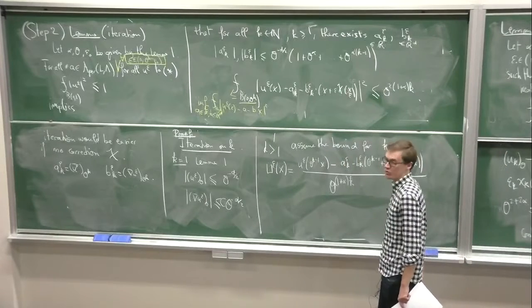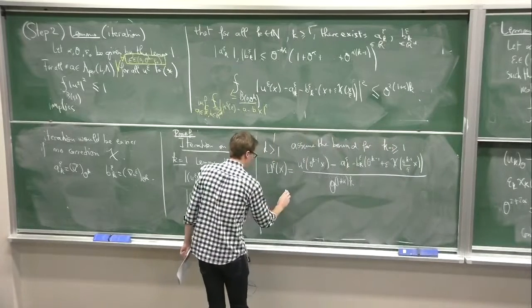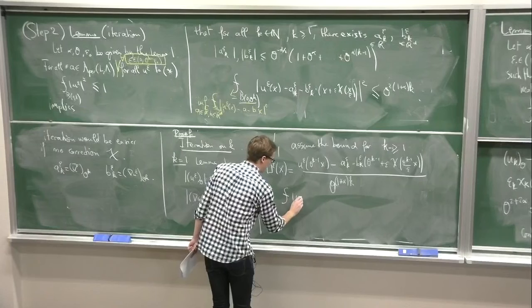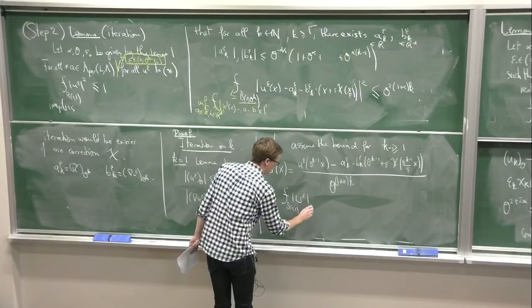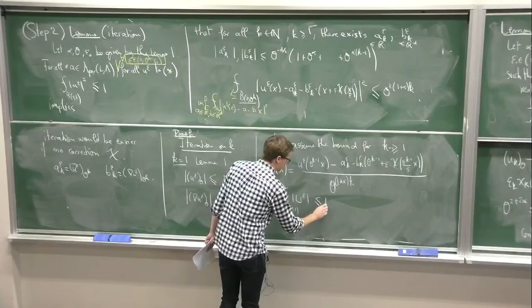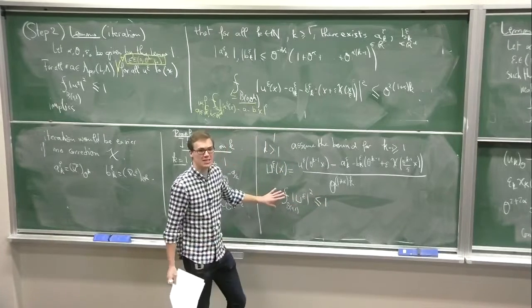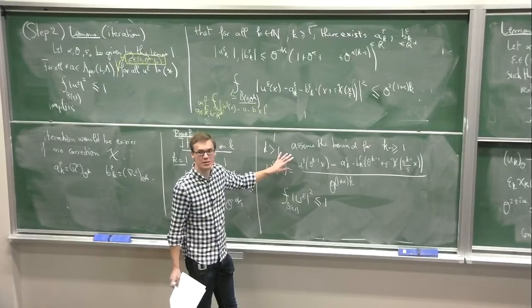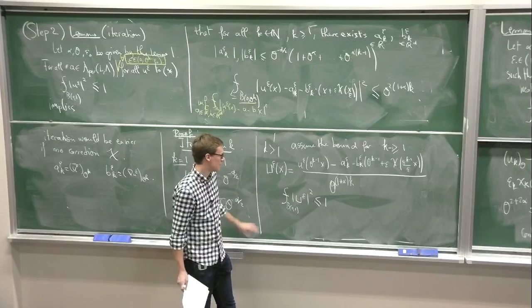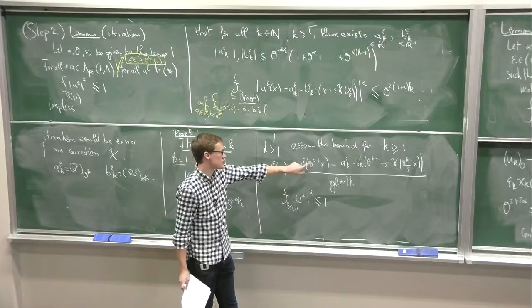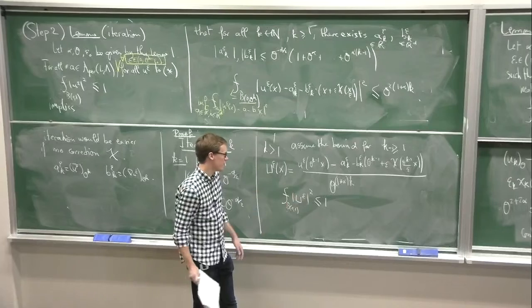This function has good properties. First, if I integrate its square over B01, it is smaller than 1. Why is that? Just because of the recurrence hypothesis. It is simple to check: just make a change of variables and you will see that this is true.